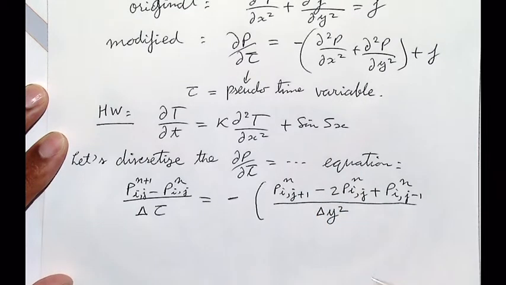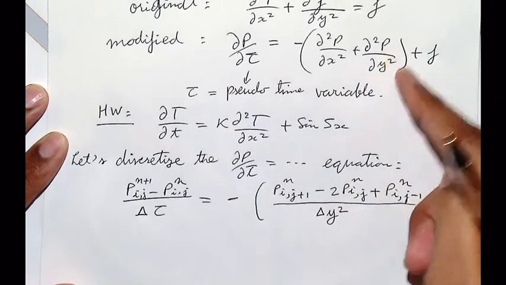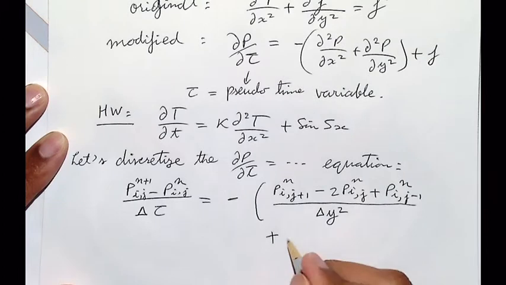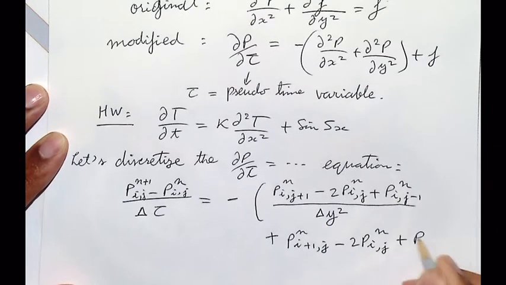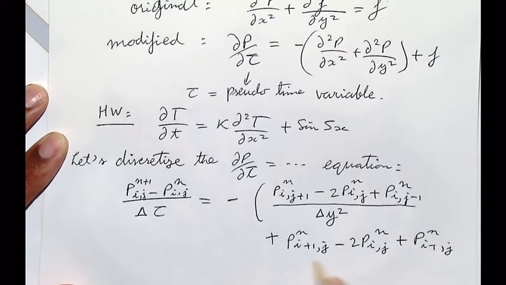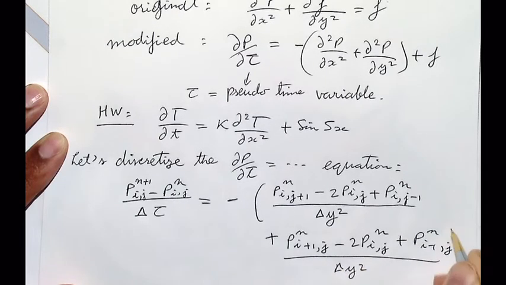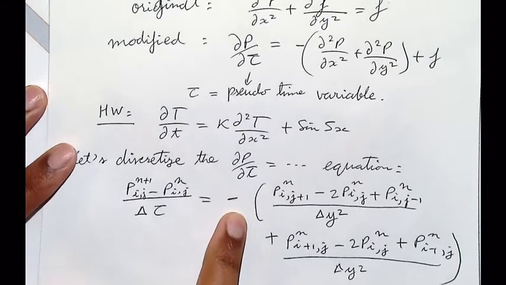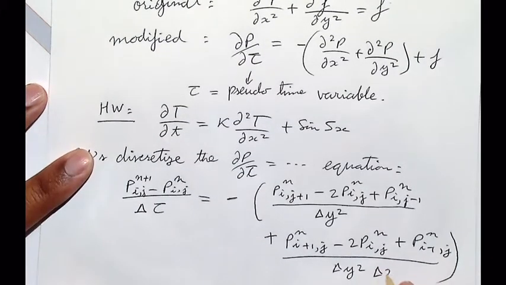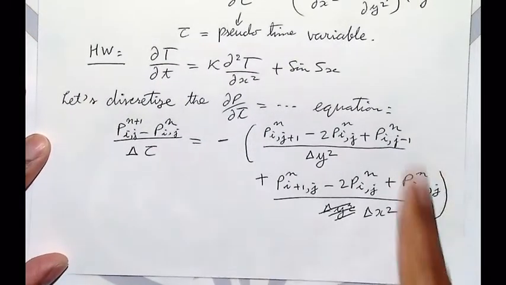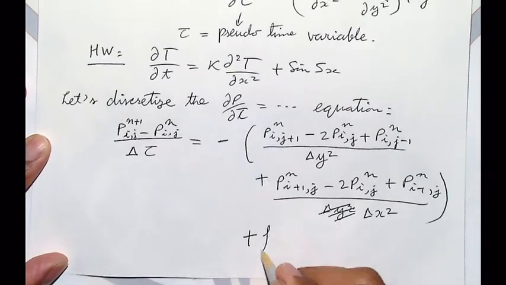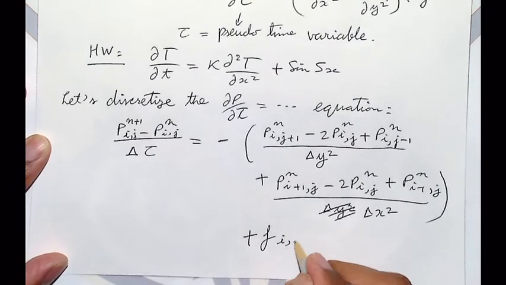Okay, so this is the d2p over dy squared term, and we do the same with the x. We get i plus 1, comma j, minus 2Pij, plus i minus 1, j, over del x squared. Okay, so that's minus the whole thing, and then you have whatever the f is, fi comma j.